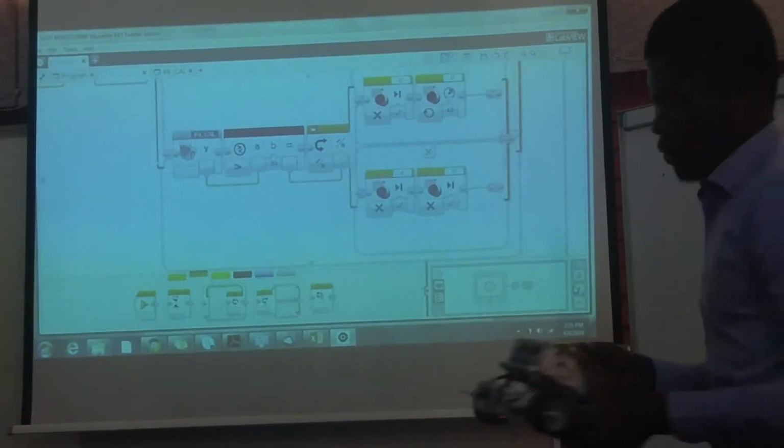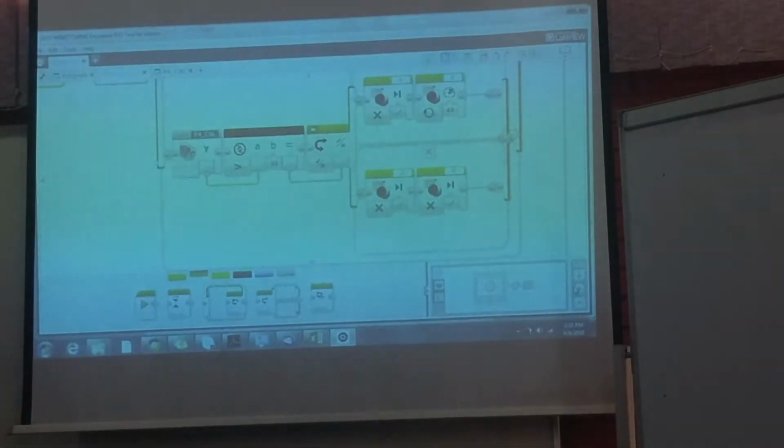I think it's done. So we have, okay. That is a small error that is happening there. So what that means is that let me just demonstrate that before. So what you can see is this.